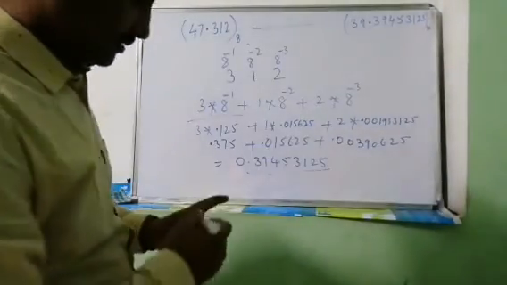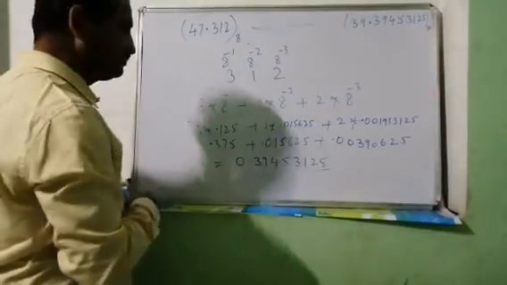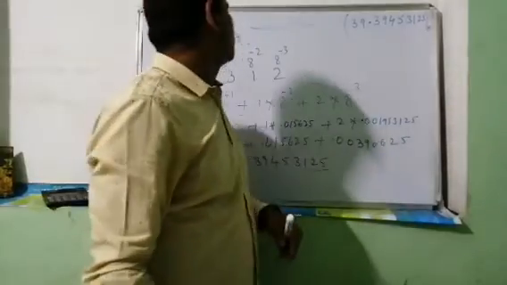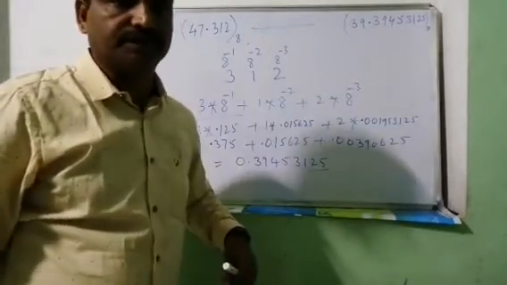This is the decimal conversion. This is the way to convert octal number system to a decimal number system.